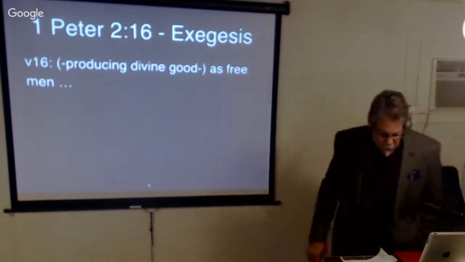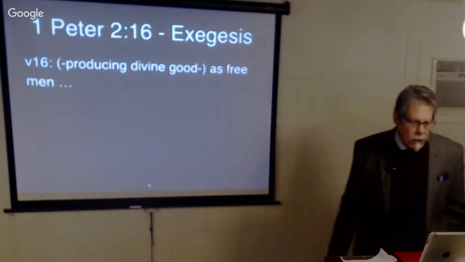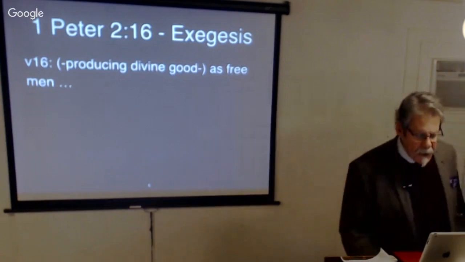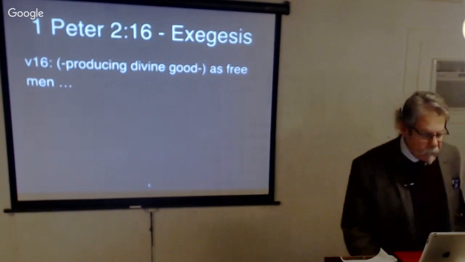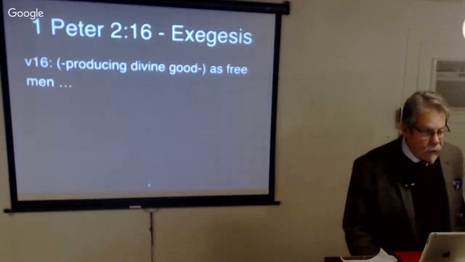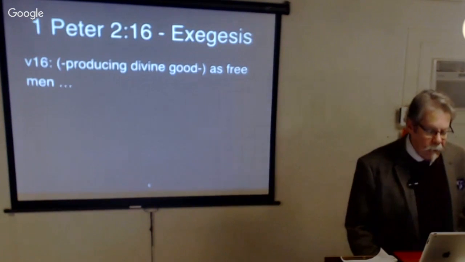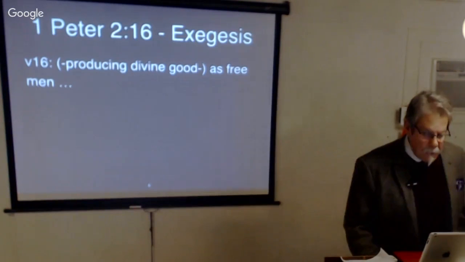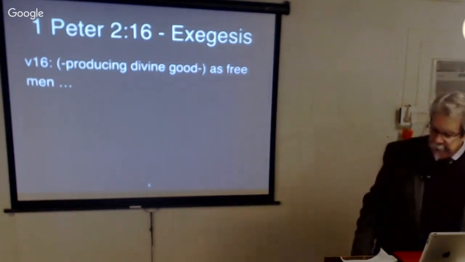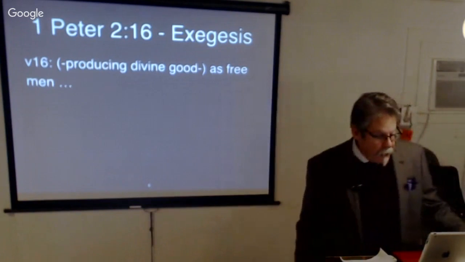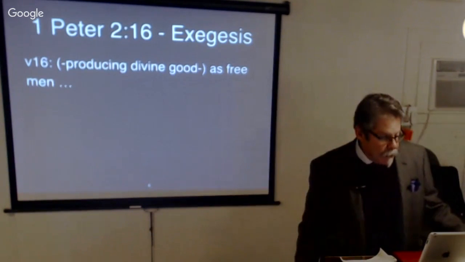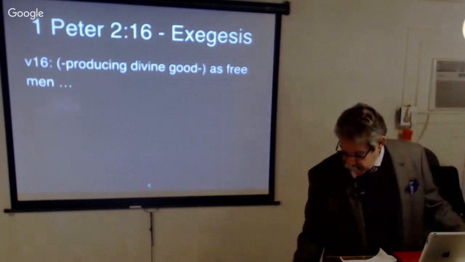We start here with an elliptical construction. It's ellipsis designed by the fact that we have an adverb with no verb. Okay, so we go back to the last verb, which was also elliptical, and leads us all the way back to the idea of producing divine good. So we're talking about producing divine good. And we see how we're supposed to do these productions. Okay, we start the phrase in the verse, actually, with the adverbial conjunction hos.